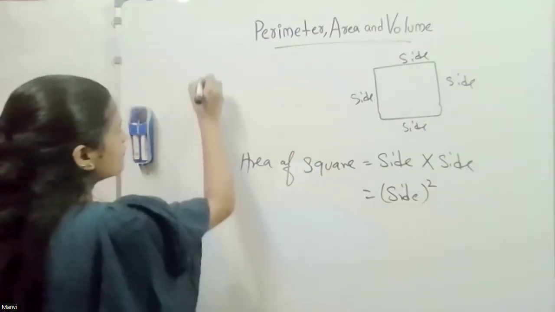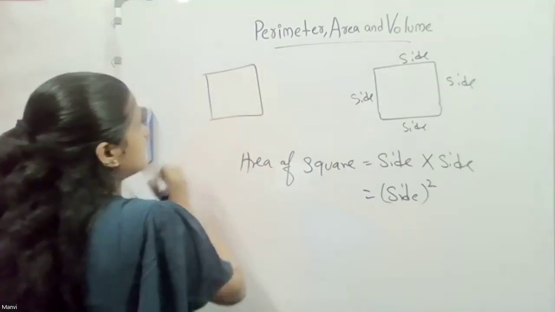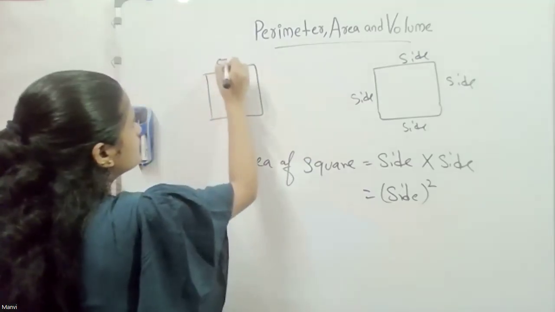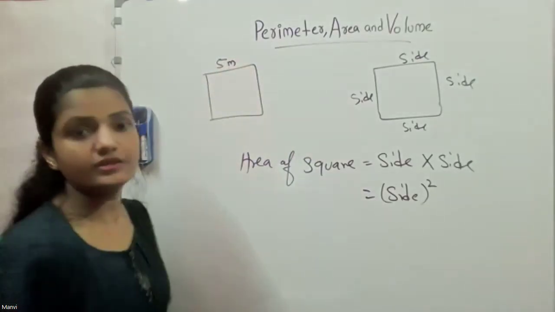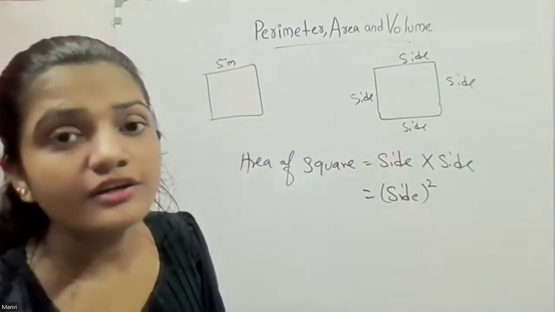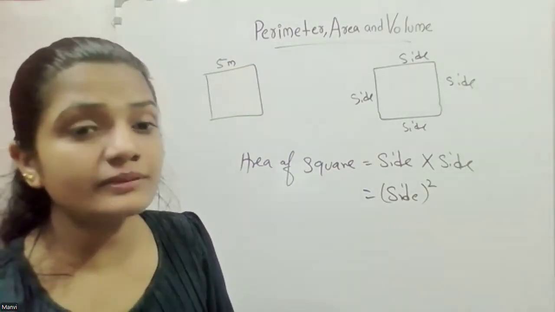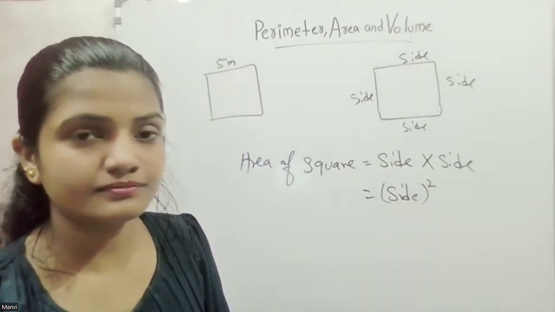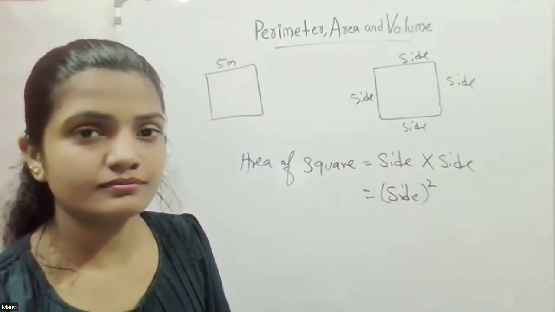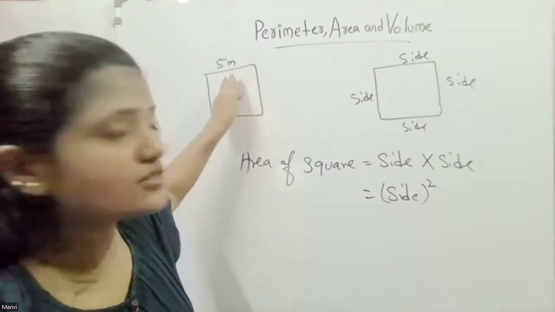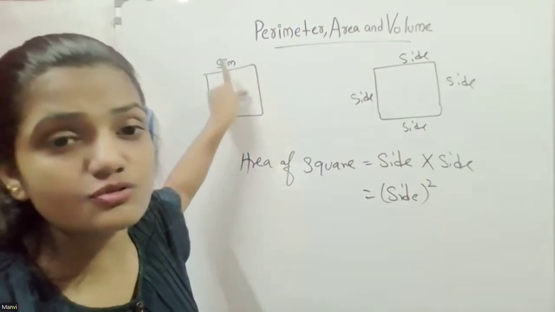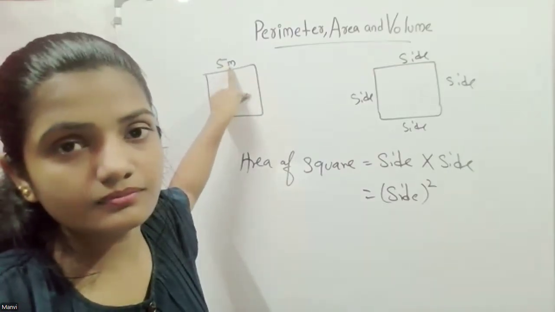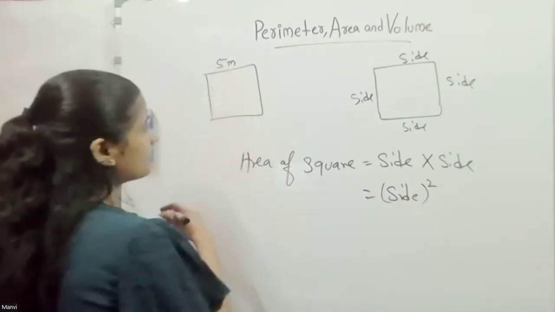So if I have one square field whose side length is 5 meter, then what will be the area, Kavya? The area of this square field whose side length is 5 meter. 25, 25 what?